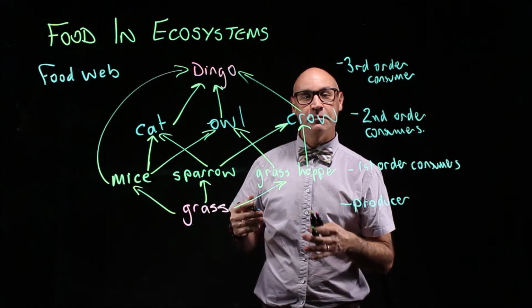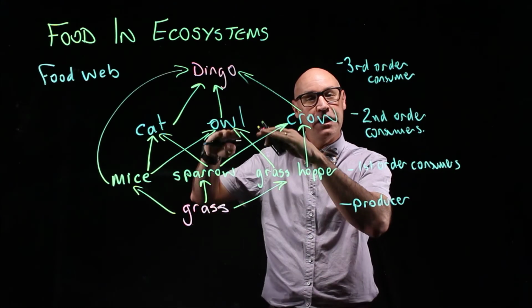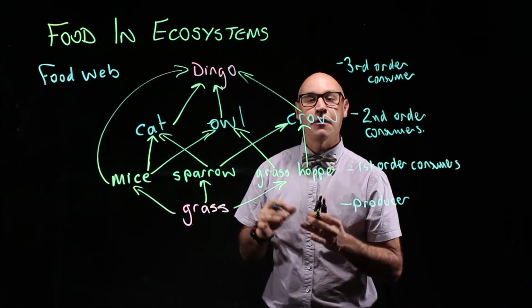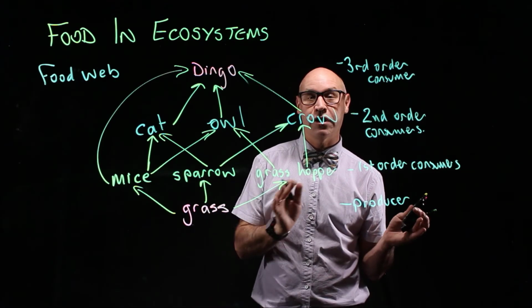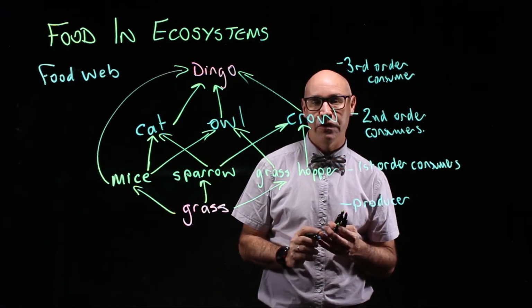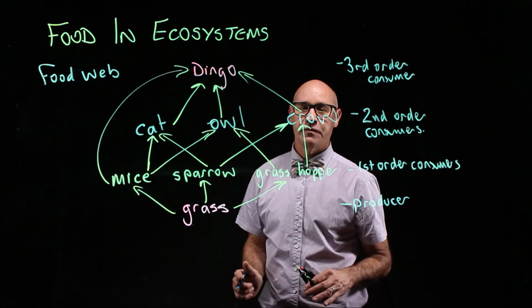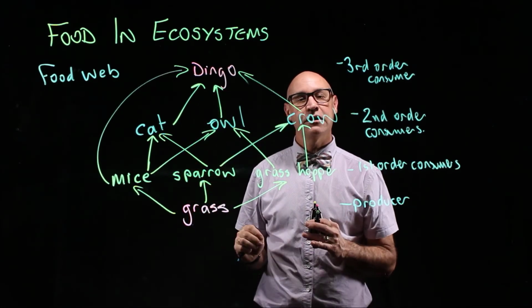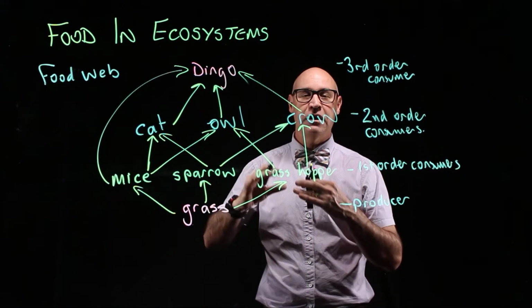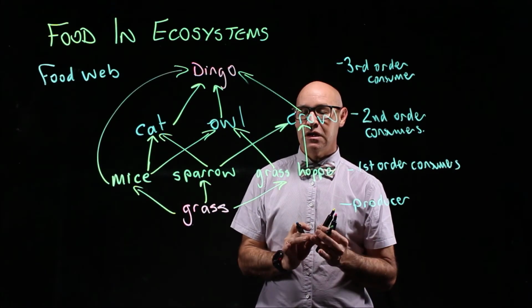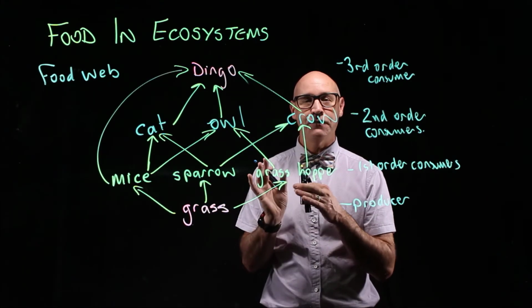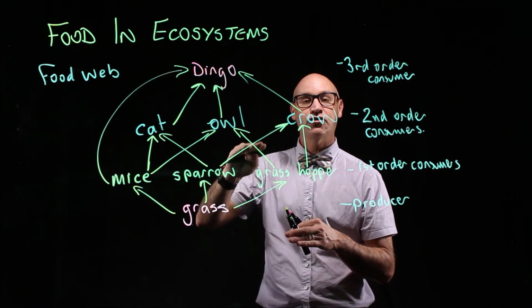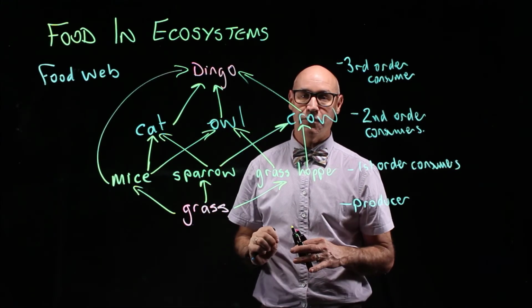In all ecosystems, there's a limit to the number of feeding levels. And most don't go past a third order consumer, sometimes a fourth. The reason for that is that energy transfer, energy flow through an ecosystem, is actually quite inefficient. Only about 10% of the energy from each level is transferred to the next level.